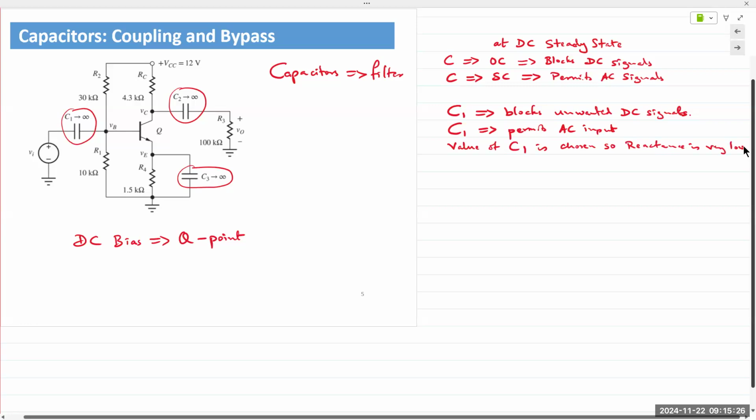So C1 presents an open circuit to DC and a short circuit to AC. Make sense?